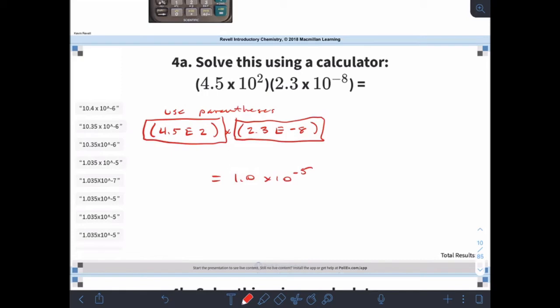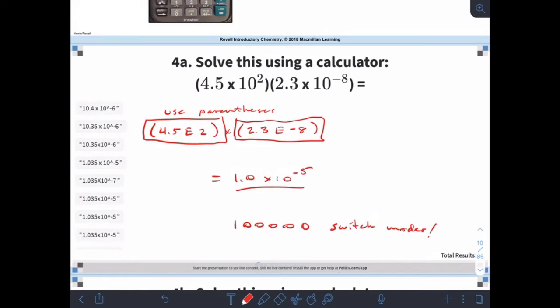Now if your calculator spat out something like 1, 2, 3, 4, you need to switch modes, because you want to be able to report that answer in scientific notation.